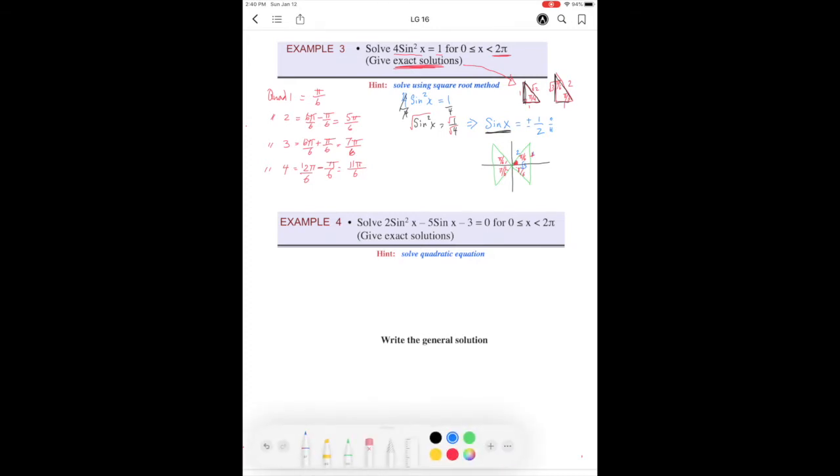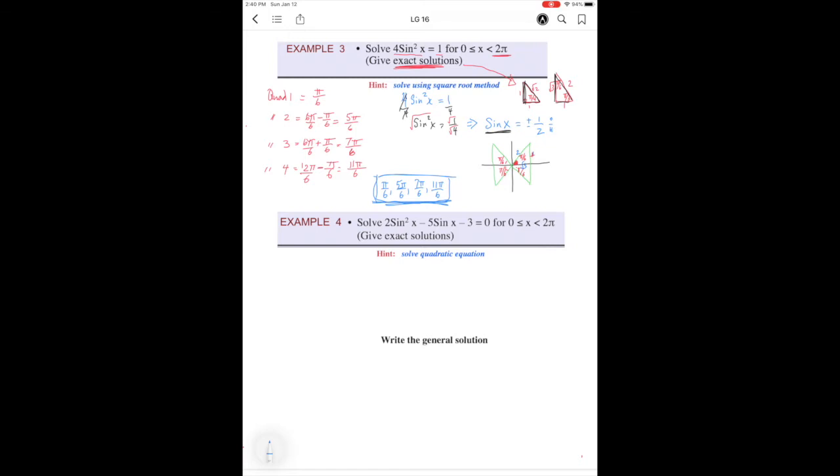We can tie it up into, say, pi over 6, comma, 5 pi over 6, comma, 7 pi over 6, comma, 11 pi over 6. And there's our answer.